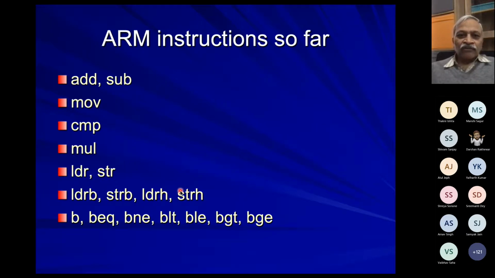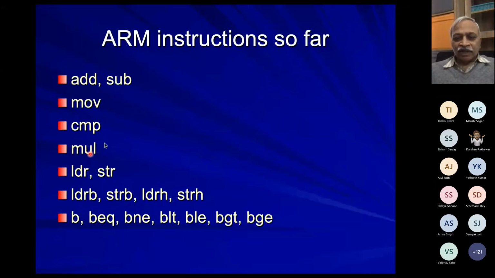Then to organize the flow of control, we talked about the branch instruction with certain condition checks. So branch on equal, branch not equal, branch on less than, and so on. And also plain branch without checking any condition, which is also called unconditional branch.